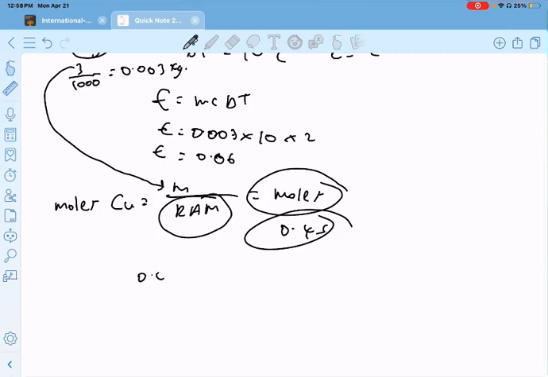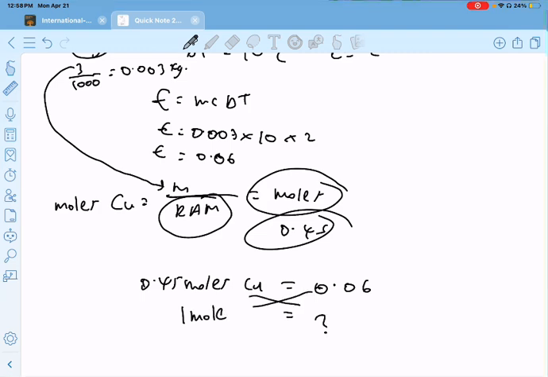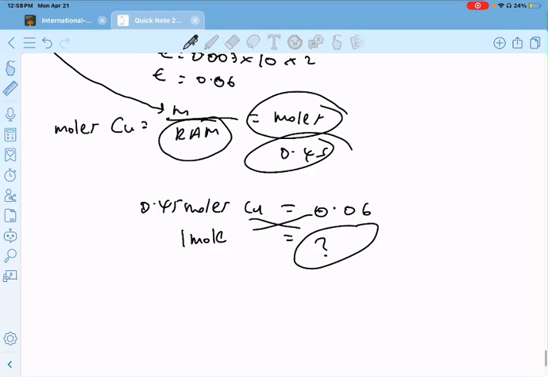We write 0.45 moles of copper gives us a change of enthalpy of 0.06. What does 1 mole give? And we cross multiply, and we will get the standard enthalpy change of the reaction, okay?